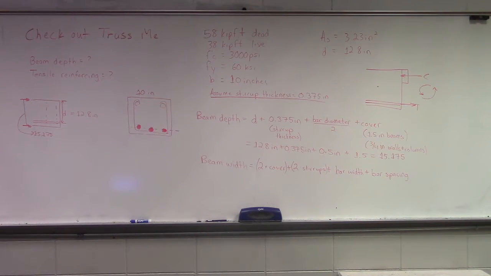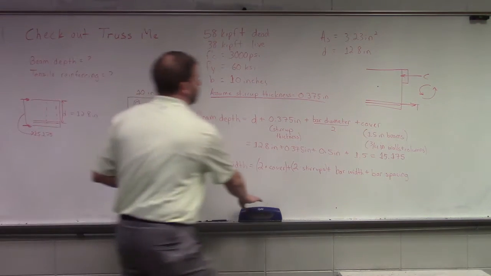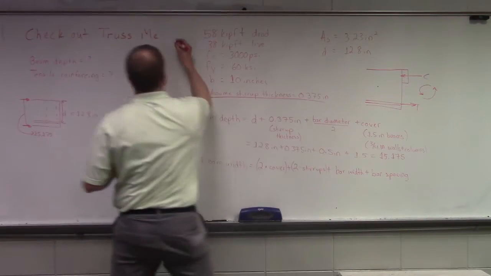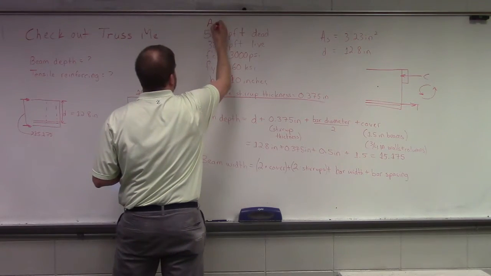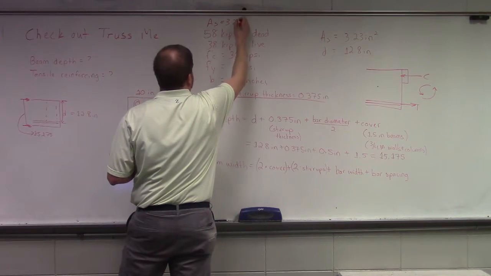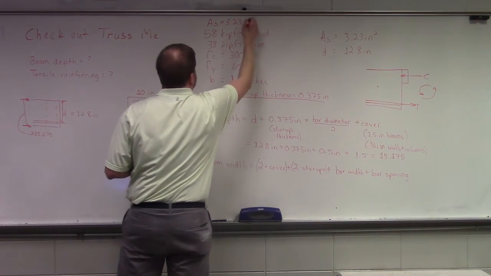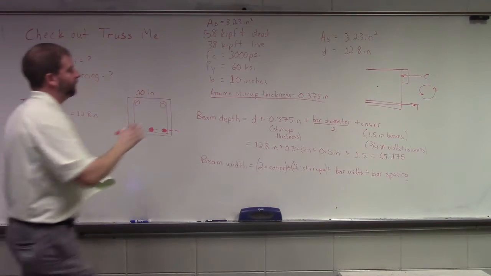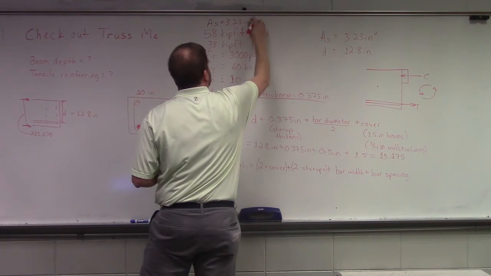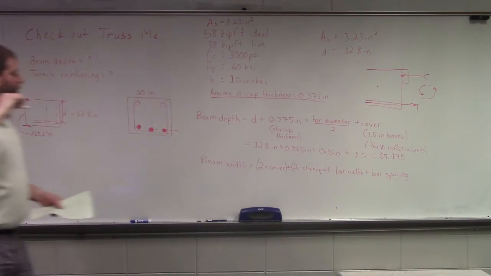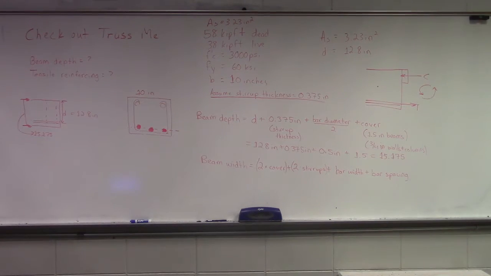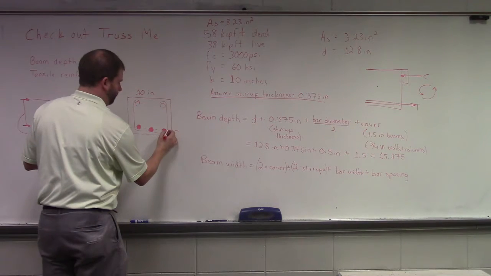So if we looked at a number of bars, 1.5 for the cover, yep, that's only on the outside. Right, outside. You need 1.5 inches on each side, not in between each one.